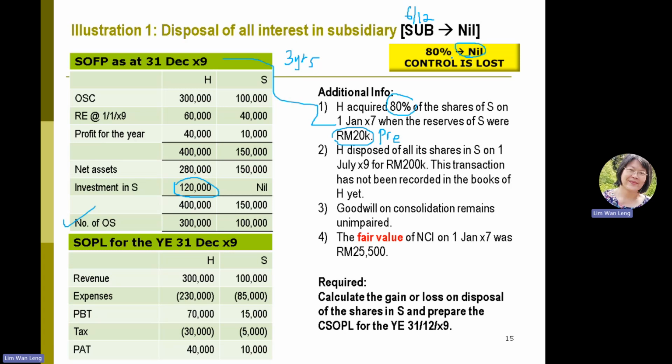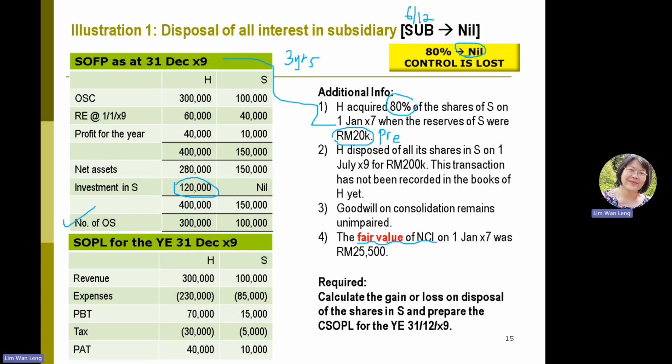And when you tell yourself like this, now you must also go and look for how the NCI was measured. Because you need to choose between the pro forma on the right or on the left, right? So this one is a full goodwill, okay?